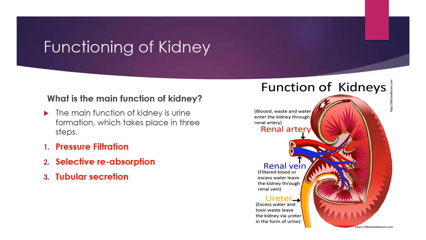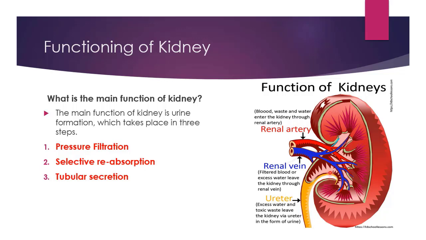As you can see in this picture, this is the structure of kidney. A kidney has a renal artery and a renal vein. The blood, waste and water, which includes glucose, salt or any other material, enters the kidney through renal artery. After entering in the kidney, all these materials get filtered.